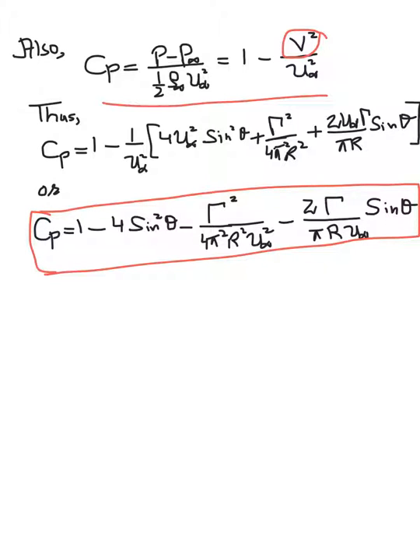And in this equation, you should appreciate that if I set the circulation equal to 0, then I will obtain Cp for flow over a stationary cylinder. So these two terms are modeling the rotational effects on the pressure distribution for a rotating cylinder.